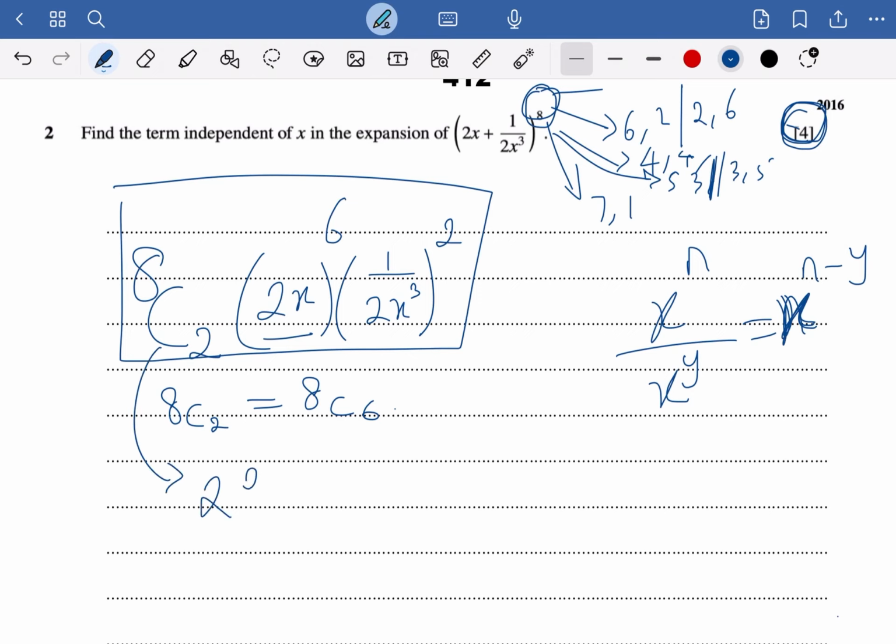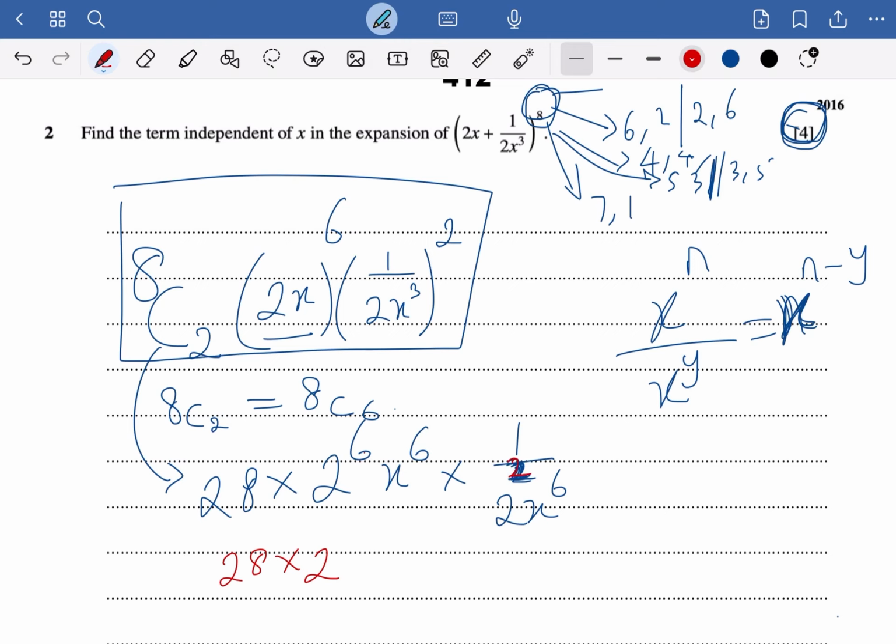You press your calculator, it is 28 times 2 to the power of 6, x6 times 1 over 2 to the power of 2 x6. Remember, this 2 is for everything, so don't make that mistake. So 2 to the power of 2. Now, from here, I will just get 28 times 2 to the power of 6 minus 2.